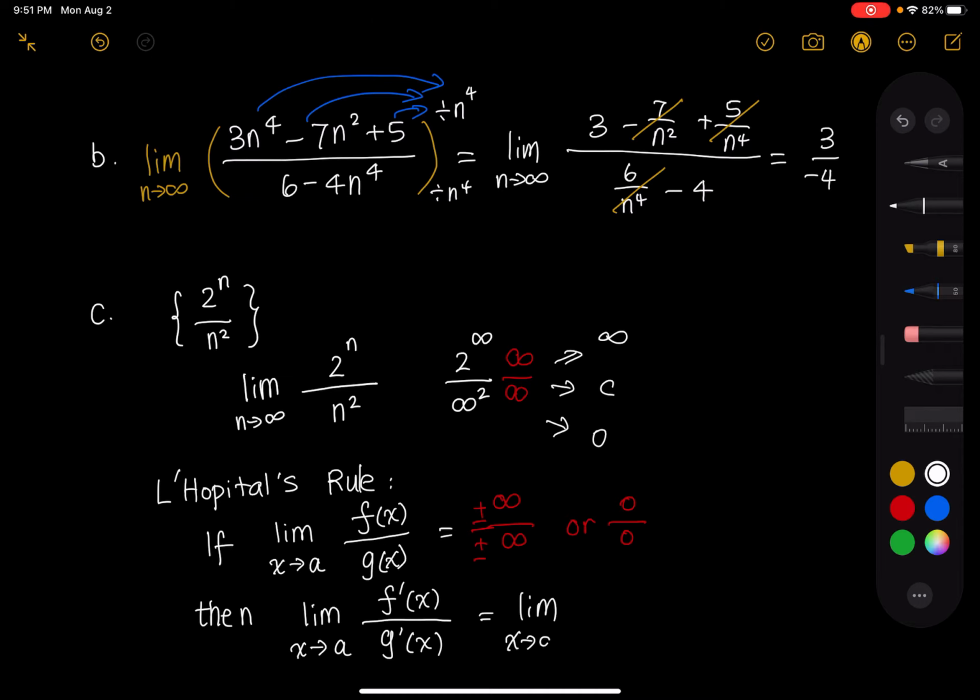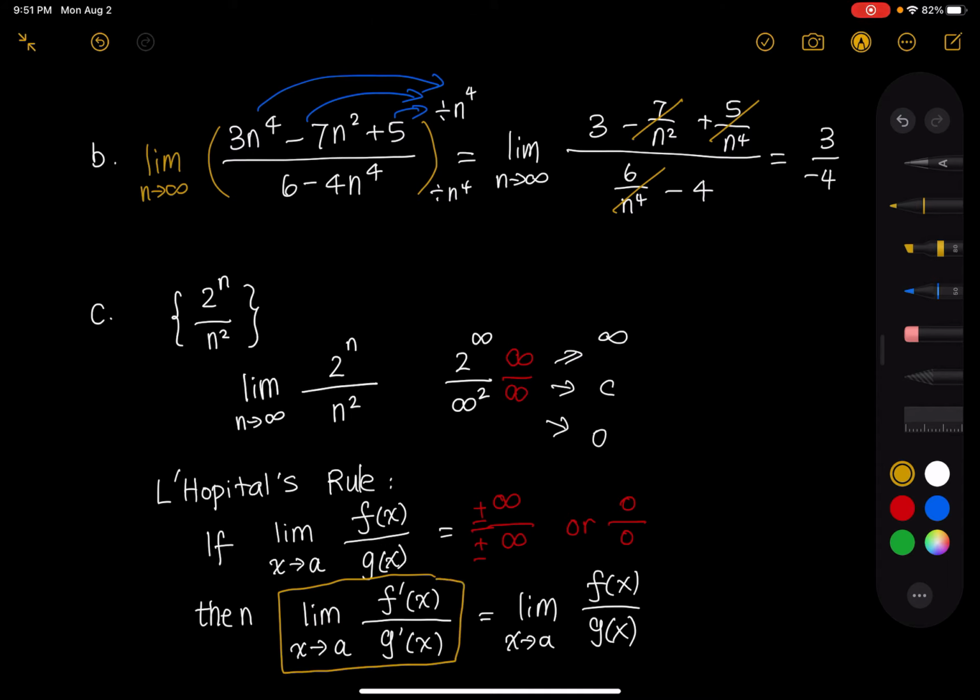That limit will be the same as the limit that we are looking for. So that is basically what L'Hopital's rule is telling us. It tells us that if we have an indeterminate form, we can transform it into the derivative.